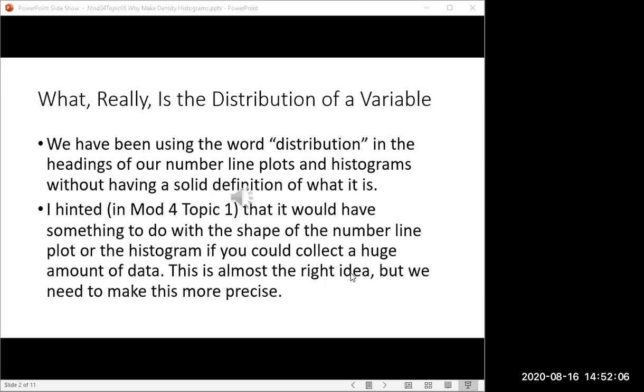It did mention that it has something to do with the shape of the number line plot or a histogram that you would get if you could collect a huge amount of data to try to find out the real truth about the population. And this is almost the right idea, but we need to make this more precise.